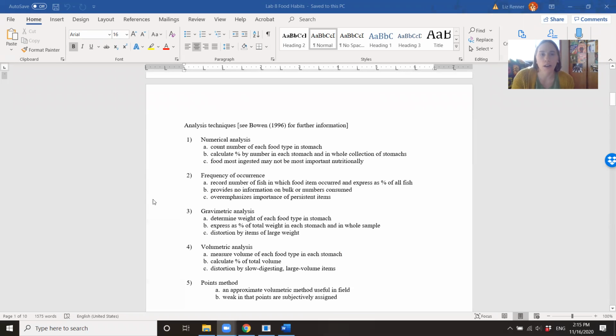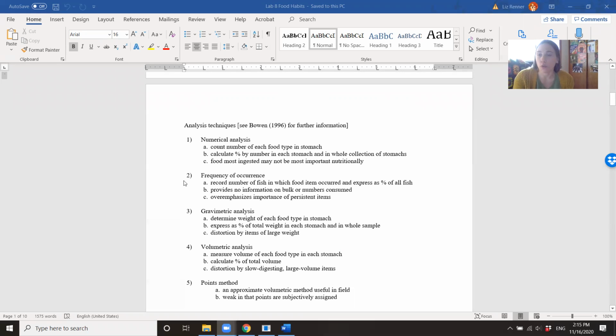The next two analysis techniques kind of go hand in hand. So the first is the gravimetric analysis. You're determining the weight of each food type in the stomach. And you express that as a percent of the total weight of everything in the stomach, as well as a percent of the total weight in the entire sample.